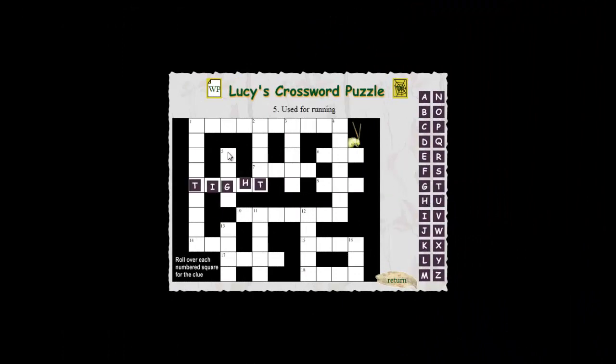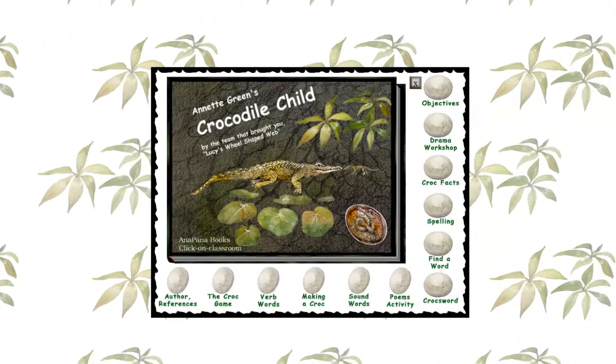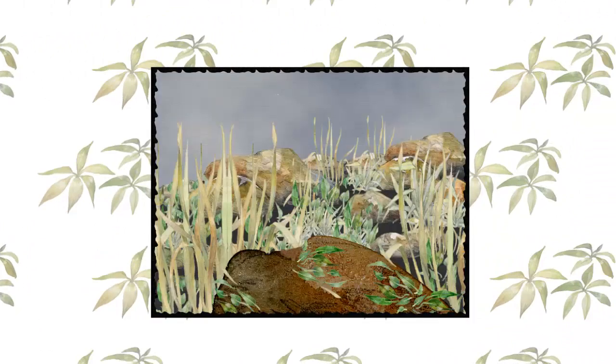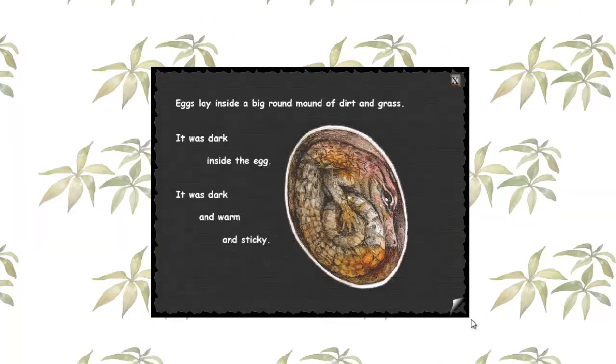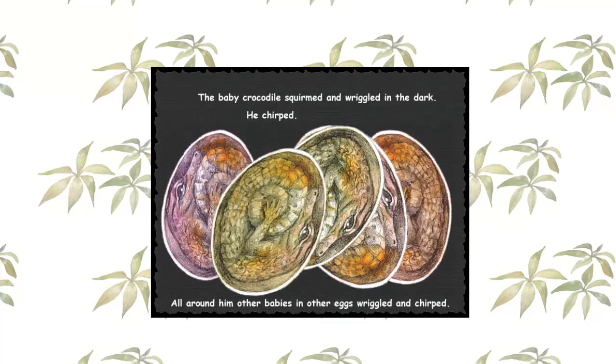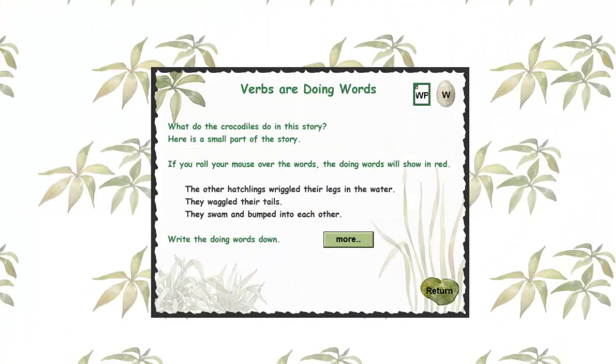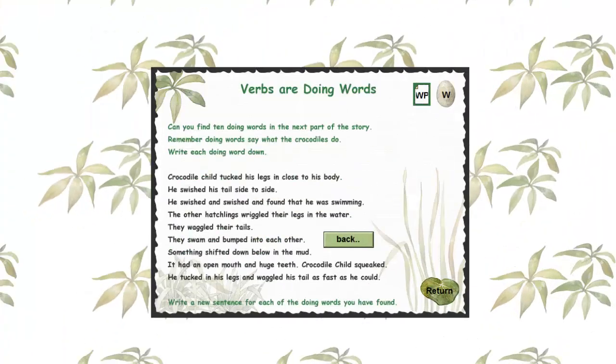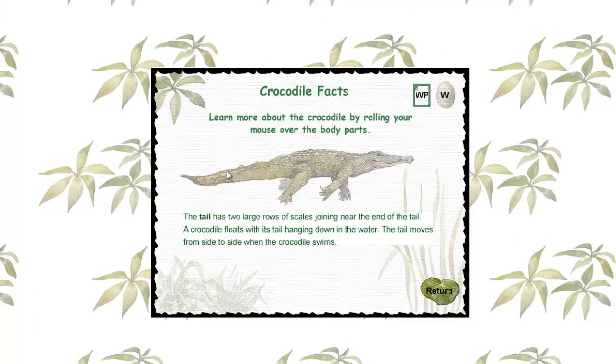And would you believe it, there's also an interactive crossword. Crocodile Child gives you the very first hours of a crocodile's life. It is very similar to Lucy's Wheel-Shaped Web in terms of additional material, as they are part of the same reading series.